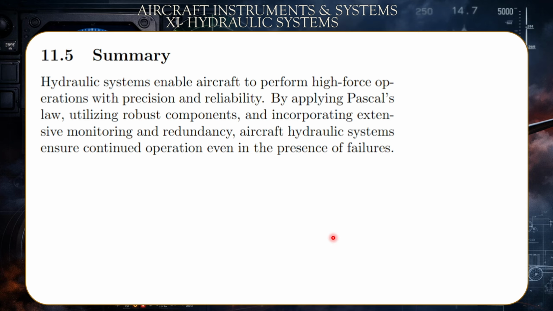That would be detected and interpreted as the lack of hydraulic fluid at this level. So this is how it basically works to detect the absence or presence of the fluid at a specific level within the reservoir.